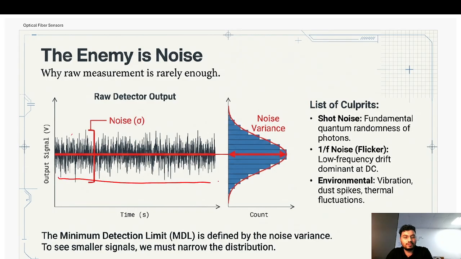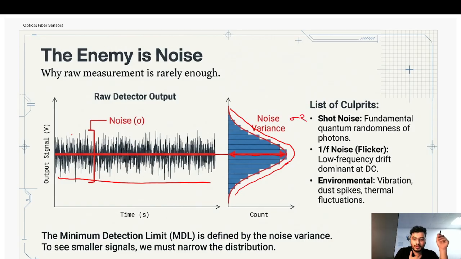The x-axis is time and the y-axis is the output signal, and this histogram shows how many points there are during the time. The noise variance we can write as sigma square.